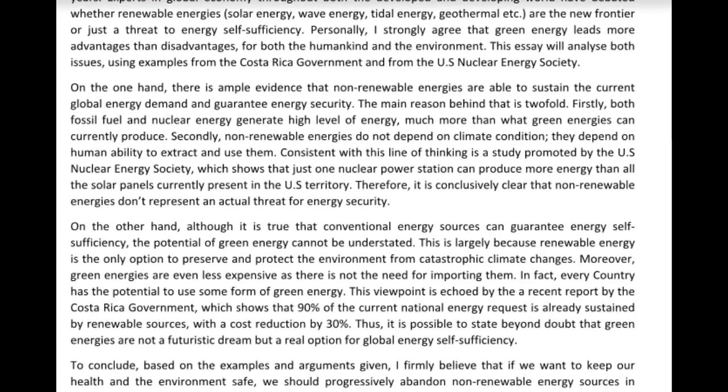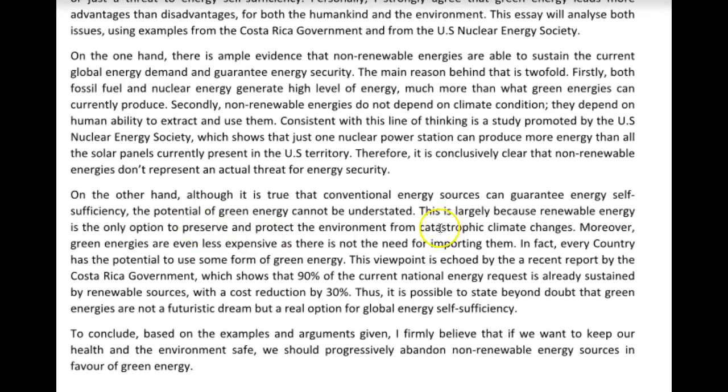What about being better for the environment? This was where you really didn't develop it, and I wanted you to explain this a little bit more. The rest of the paragraph is fine. You talked about a cost reduction of 30%. So really for me, my biggest problem with this paragraph, with this essay is this. Like I said, it's off topic. So what you needed to do here obviously was talk about this idea of energy security and green energy.